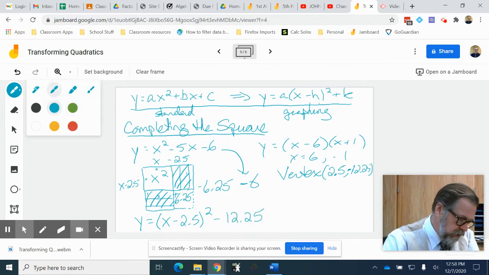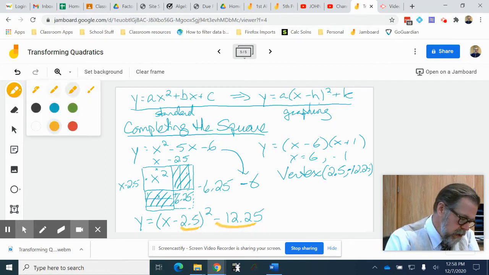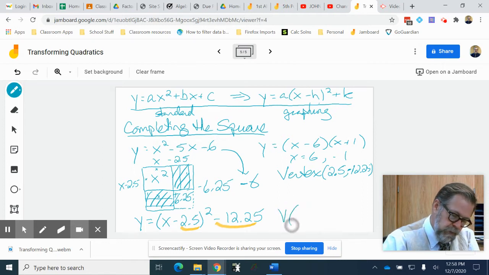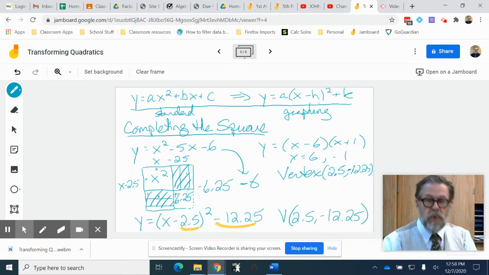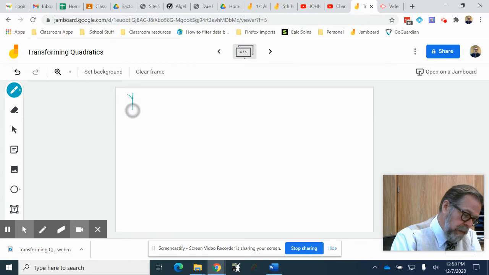And notice this is a vertex of 2.5 comma negative 12.25, which is what I got when I just factored and found the vertex that way. So let's look at another example with slightly more complicated numbers.